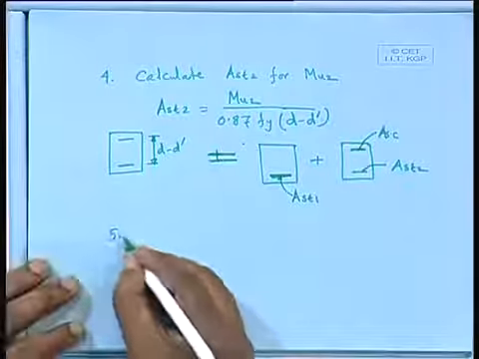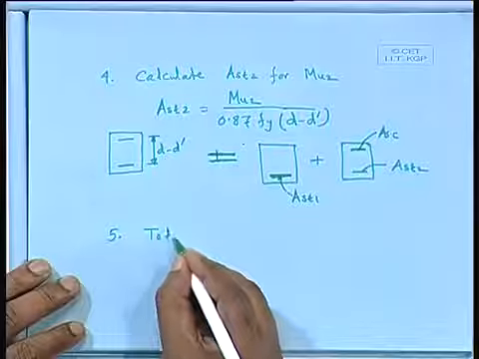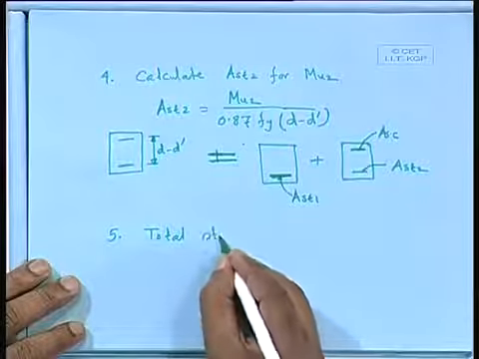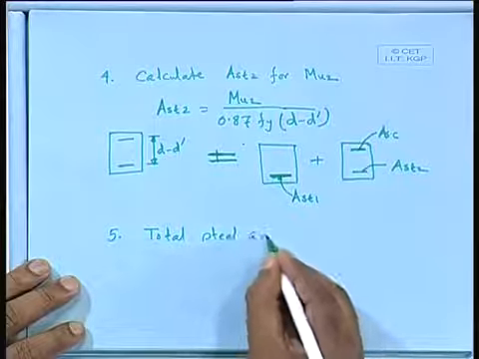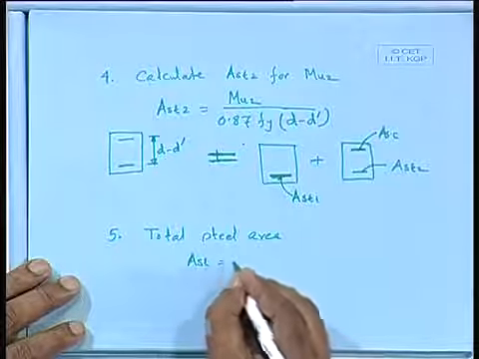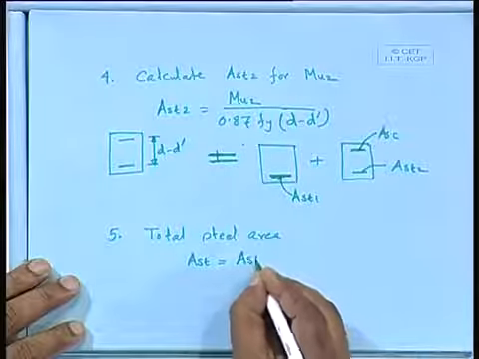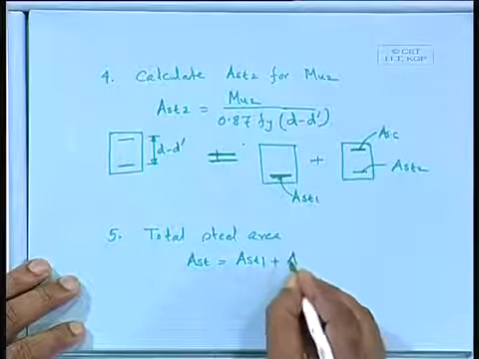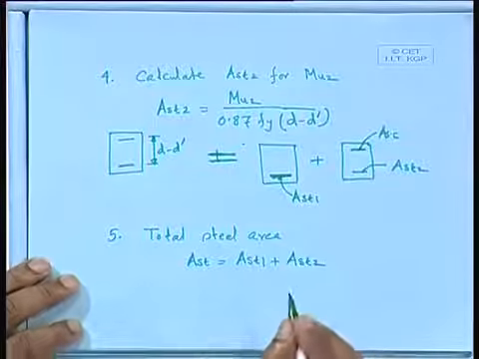We can find out the total steel area, Ast equal to Ast1 plus Ast2.